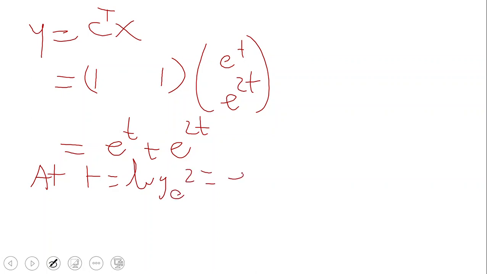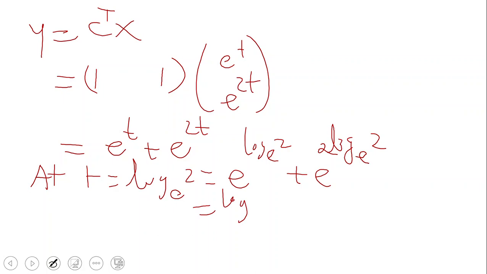Therefore, we should substitute t as natural logarithm of 2 in e to the power t plus e to the power 2t. That is 2 into natural logarithm of 2, and the 2, if it is brought to the other side, becomes the power of the logarithm. So in the next step, we can write e to the power log 2 plus e to the power log of 2 to the power 4.